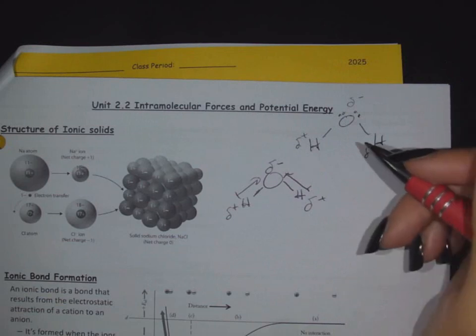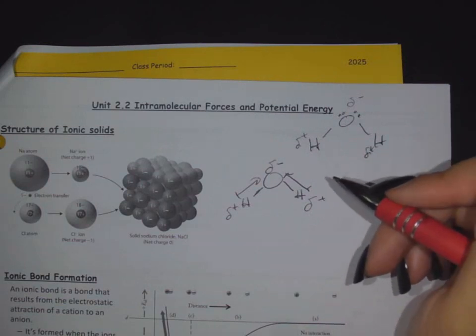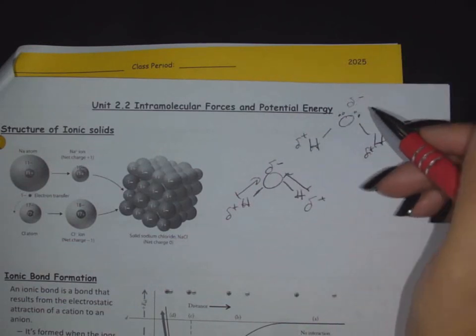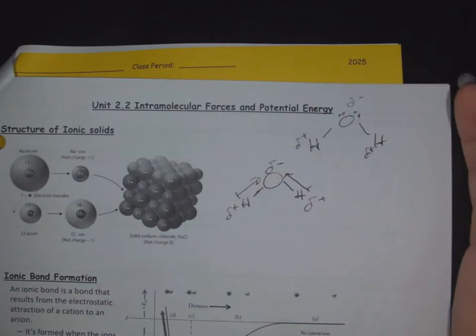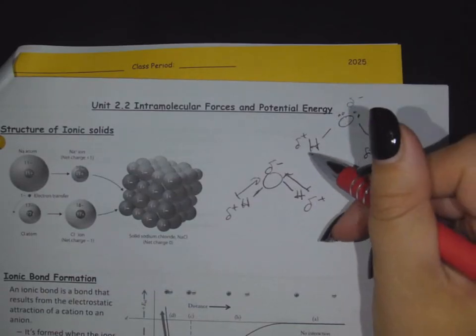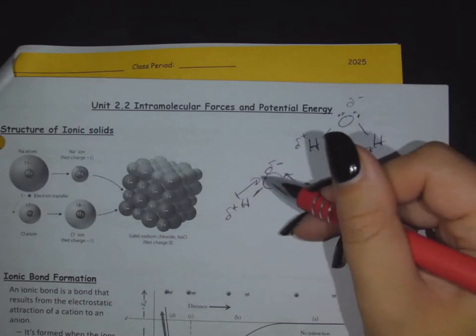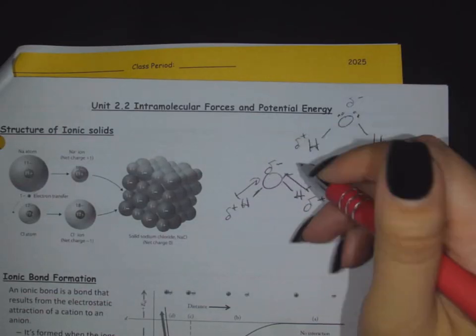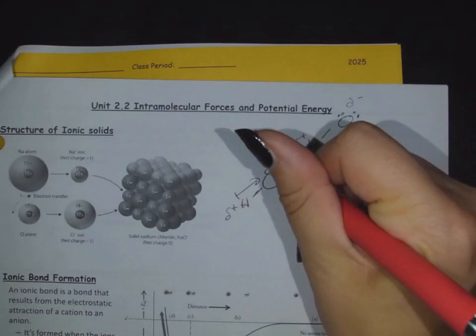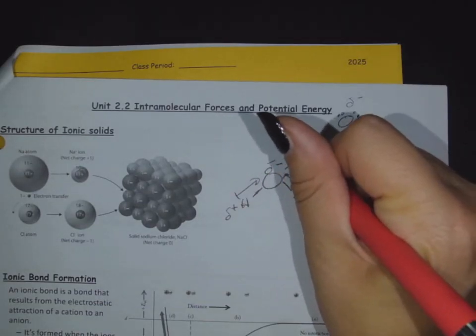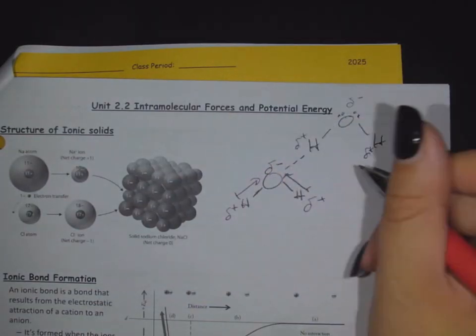And we know that anytime there's positives and negatives around each other, there's going to be an attraction between them. So this part of the molecule is going to be attracted to that part of the other molecule. I'm going to do a dashed line to represent this.